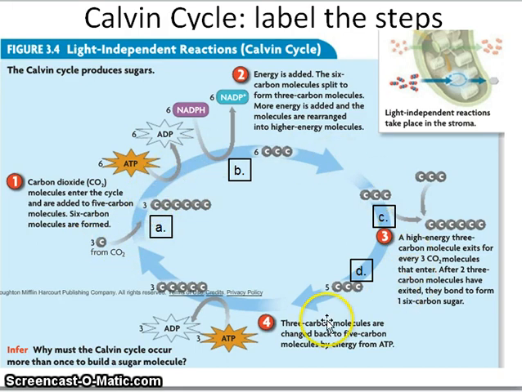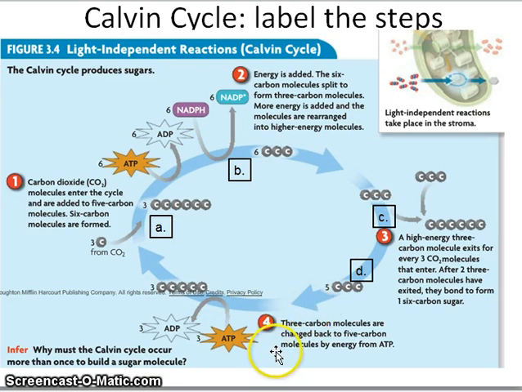And it's a cycle, so it keeps on going, and it's self-sustaining because right over here we make 2 3 carbon molecules. One of them leaves to make glucose, the other one stays, and that's the beauty of a cycle. Something that we have to keep adding to this cycle is ATP and NADPH. We have to keep adding energy to make this cycle keep going. But some of the carbons are staying in it and keeping the cycle going.